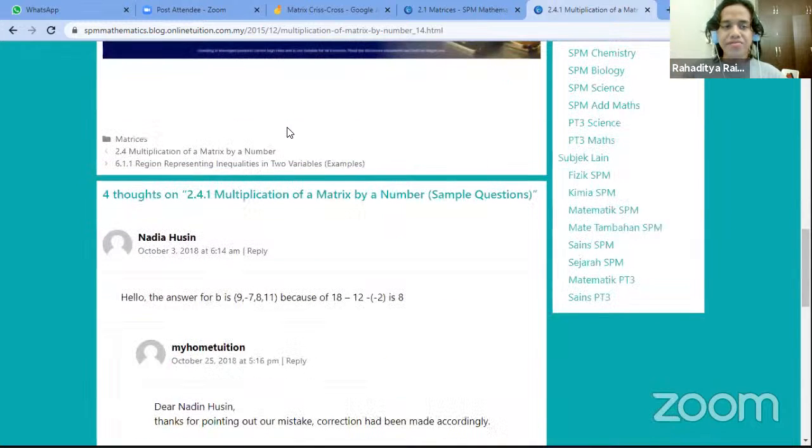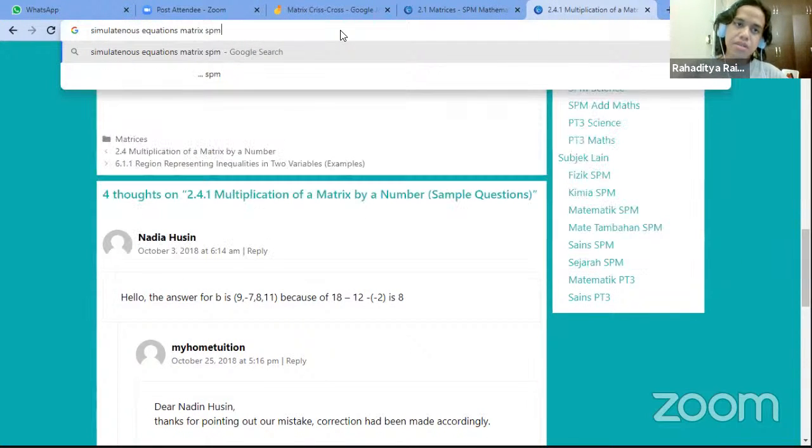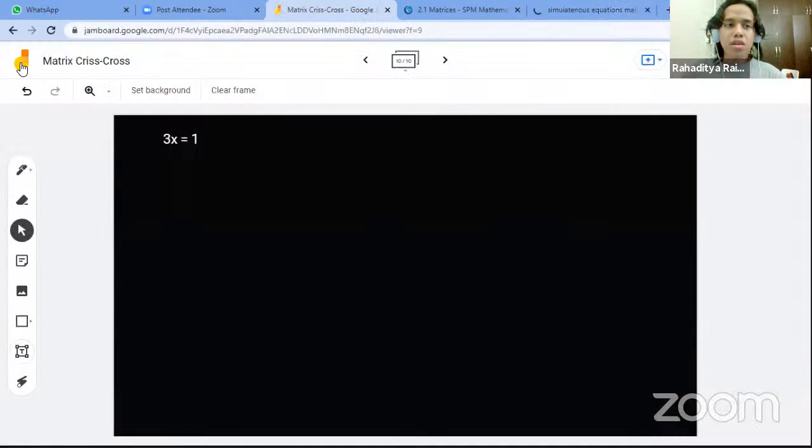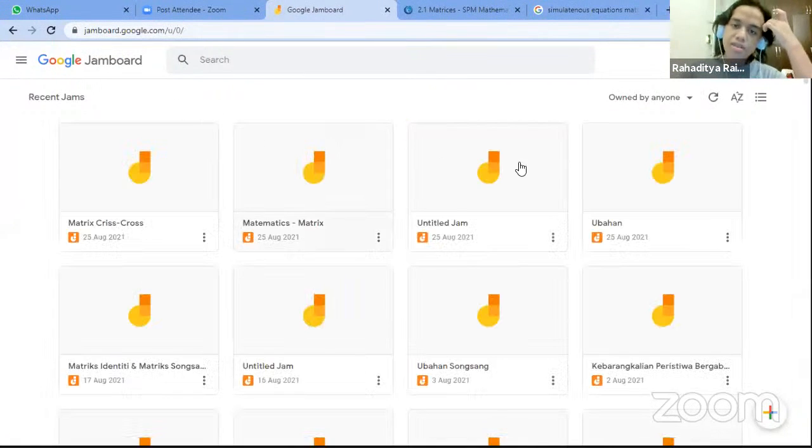Yeah, there's literally no sample questions here. Simultaneous equations matrix SPM. Or I can literally just go to the BM.